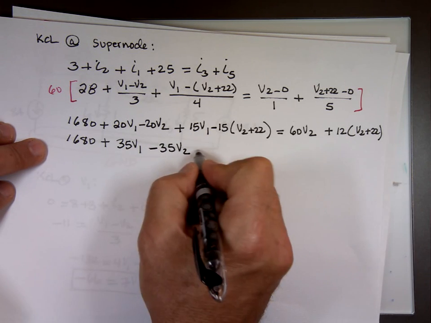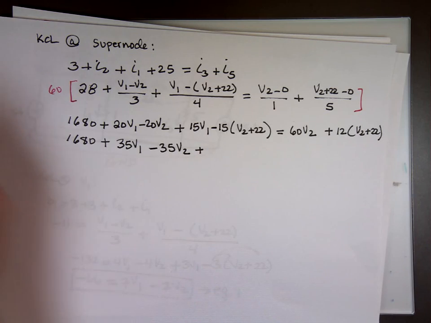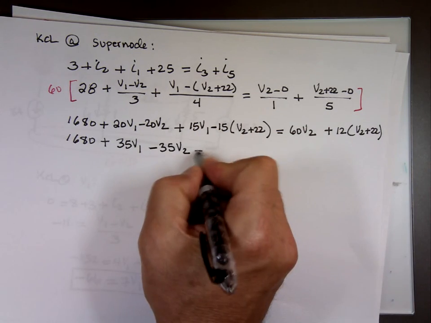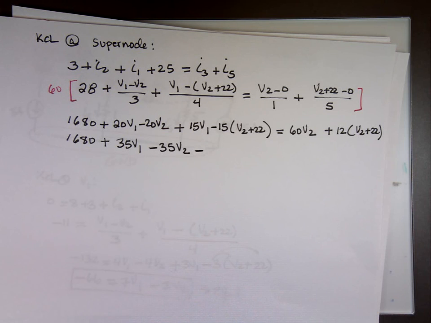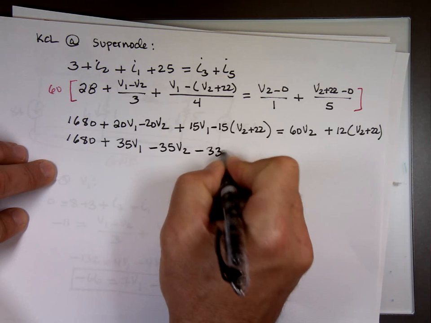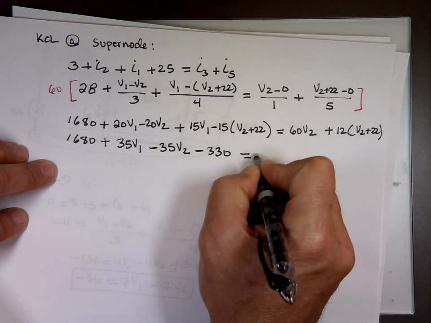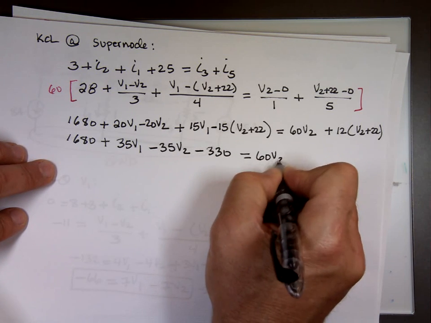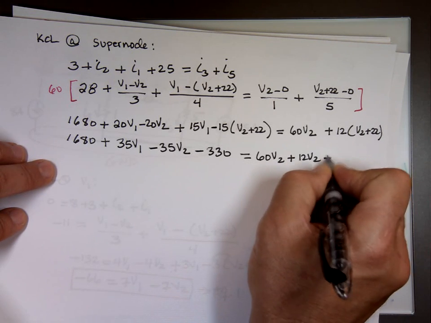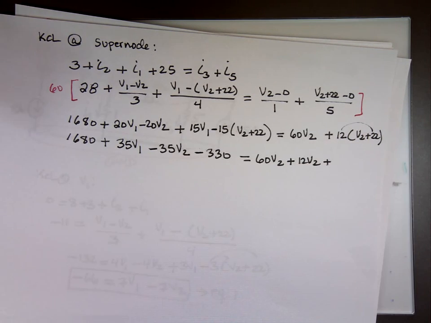That'd be a minus, not a plus. 15 times 22, 330 is it? Equals what? 60 V2 plus 12 V2 plus what, 12 times 22? 264.